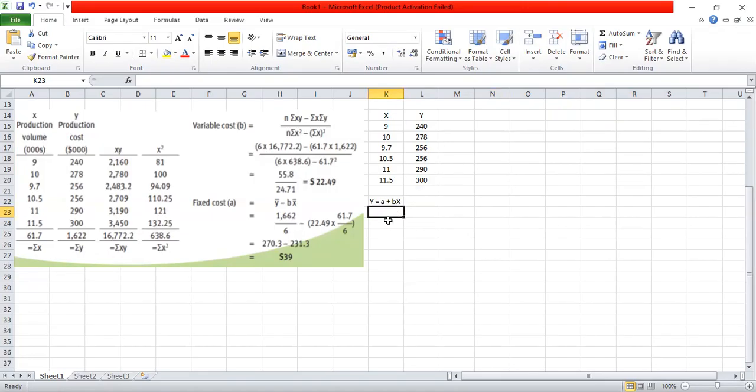So b is equal to n sigma xy minus sigma x sigma y. We need to first find out x into y, then sigma xy, then n sigma xy. So first let's find out x into y, for each x and y.